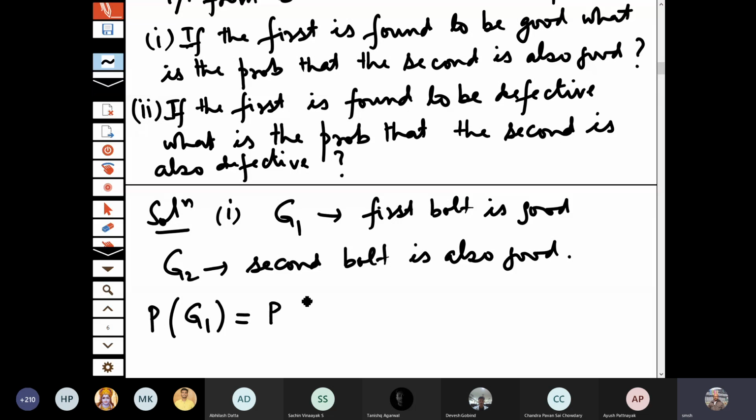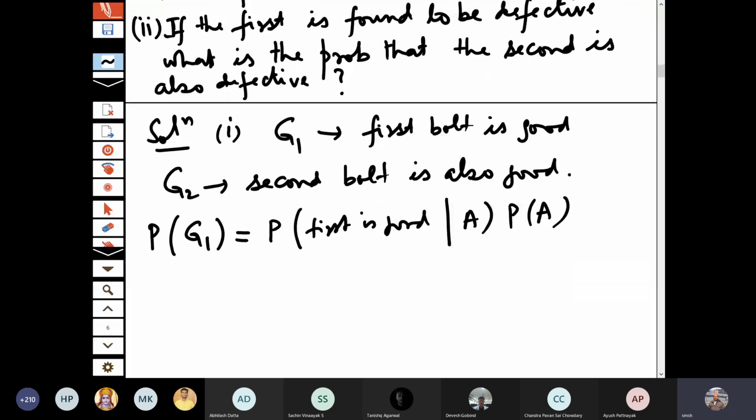So probability of G1, that means first is good given that it came from factory A, into probability of A. We are applying the theorem of total probability here.